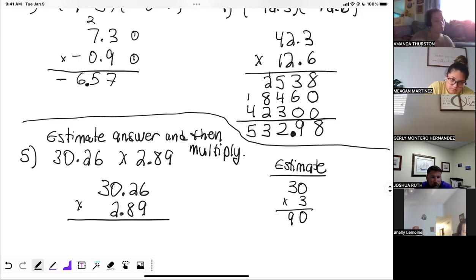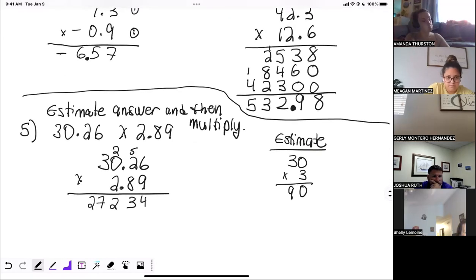9 times 6 is 54. 9 times 2 is 18, plus 5 is 23. 9 times 0 is 0, plus 2 is 2, and 9 times 3 is 27. That was multiplying our 9.